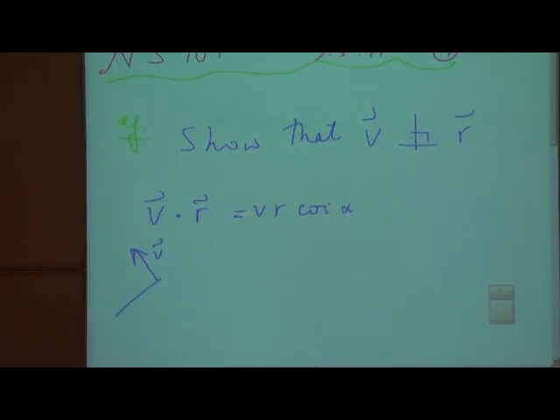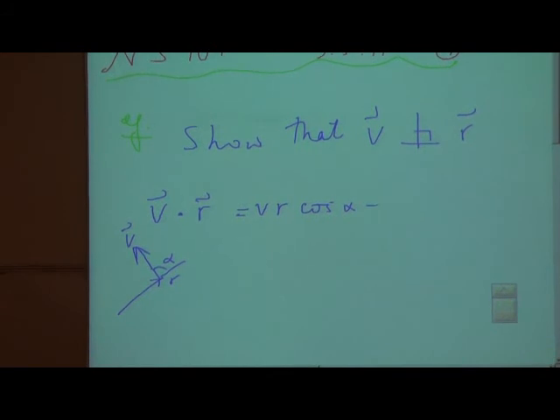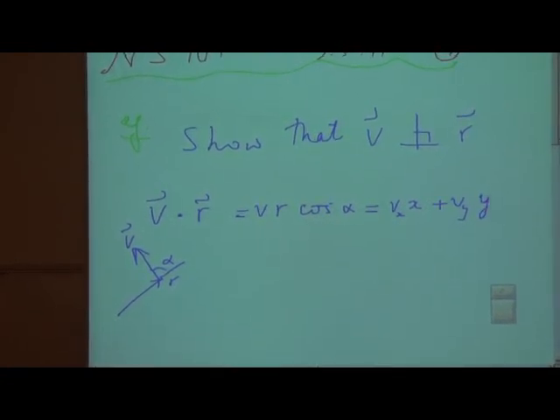Well, this is V, this is R, and this is what I'm calling alpha, the angle between them. At the same time, this is simply x component of velocity times x component of r, which is x, plus y component of velocity times the y component of r, which is just y.